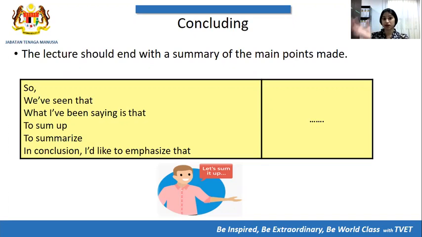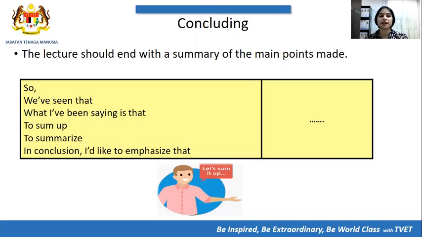Maybe you want to summarize all the points that you have stated. The presentation should end with a summary of the main points made. So you can use the listed concluding signal words or phrases in order to summarize your presentation.